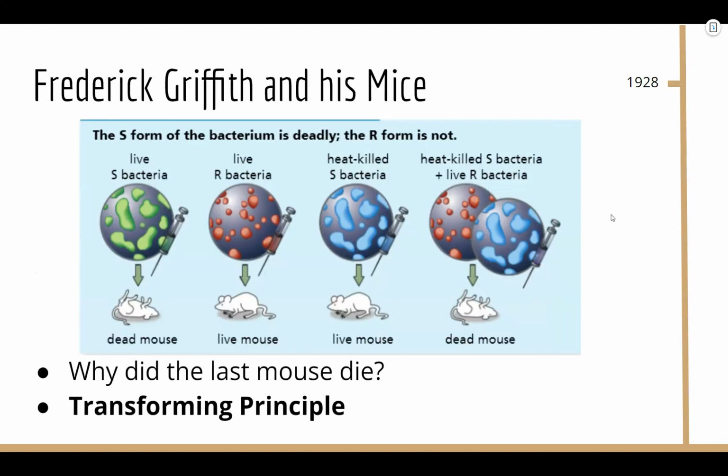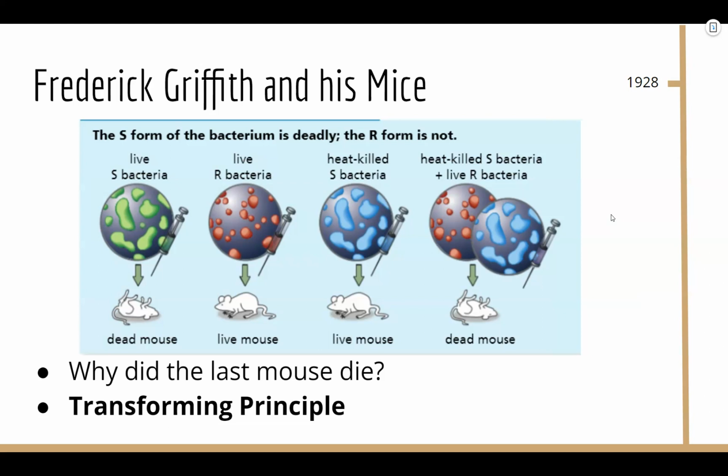Okay, so this is his experiment. So you have little lines underneath each of your experiments. So you're going to write the results of each experiment. We've got two kind of control experiments. We've got injecting a mouse with the S bacteria, and if they did this, the mouse died. Right? It got pneumonia. Mouse died. If he injected the mice with R bacteria, the mice were fine, right?